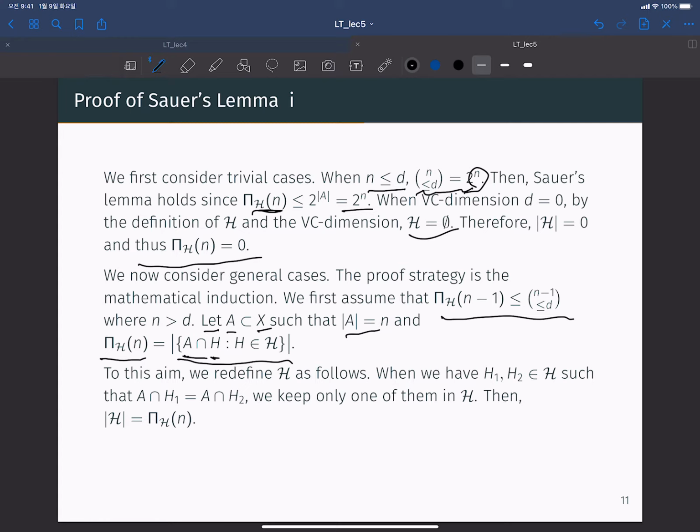Just for this proof, let's redefine H as follows. When we have H1 and H2 in our hypothesis set such that the intersections of A with H1 and with H2 are the same, we keep only one of them in H. So basically we project our hypothesis to set A. Okay, then the cardinality of H is equal to the growth function.